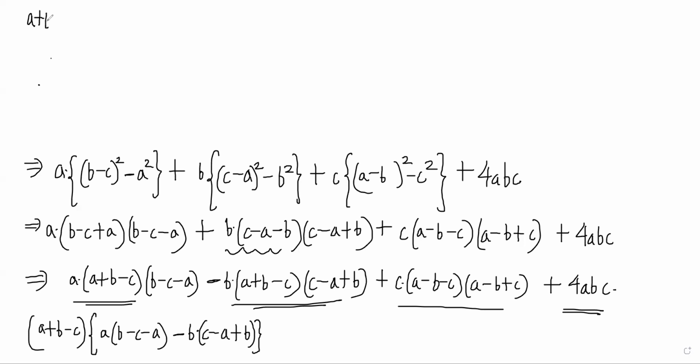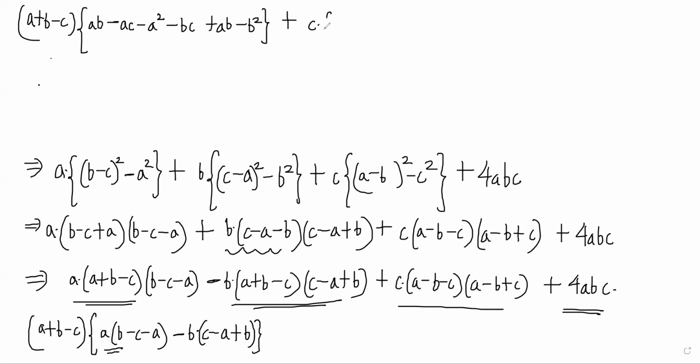Simplifying this, A plus B minus C common, we have here AB minus AC minus A square minus BC plus AB minus B square.